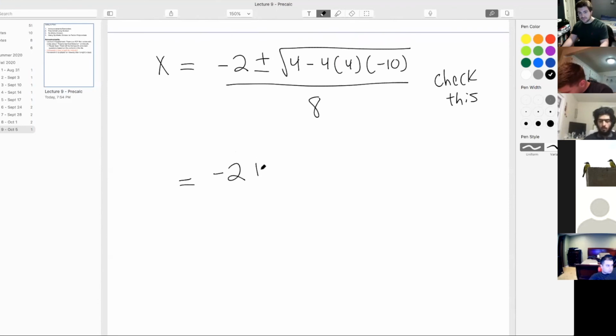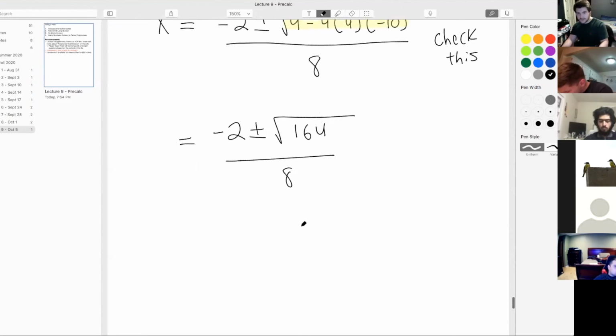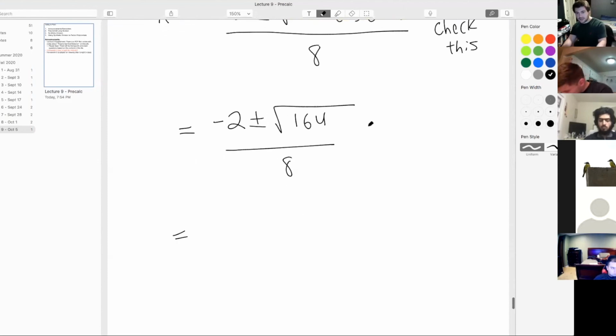So this is -2 plus or minus the square root, and you'll notice now that the radicand is just 164. All right, so just check that. Whoops, I wrote 168. It's 164 divided by 8. And again, check. You can simplify the square root. This is -2 plus or minus 2 root 41 over 8.